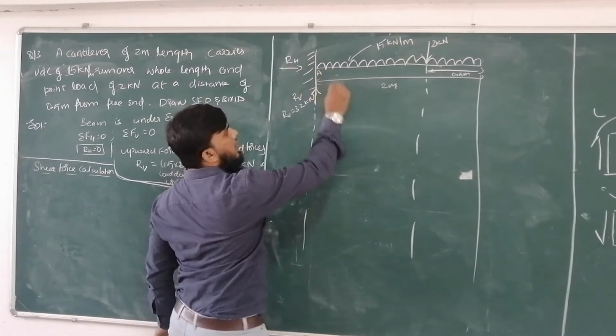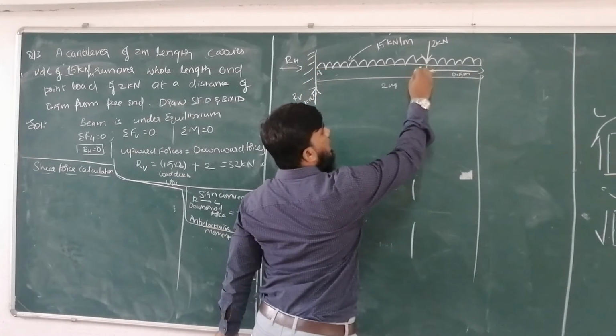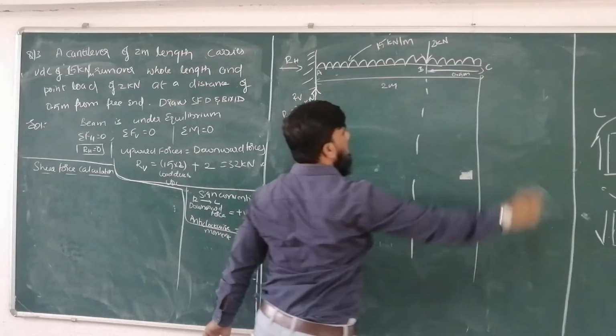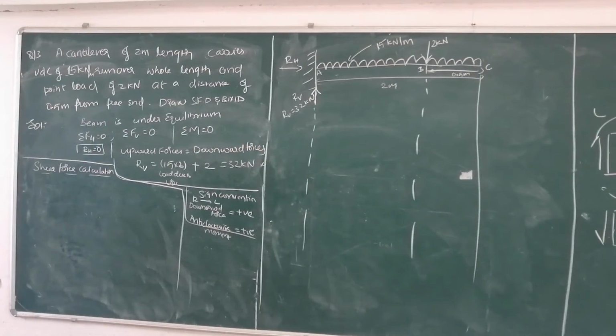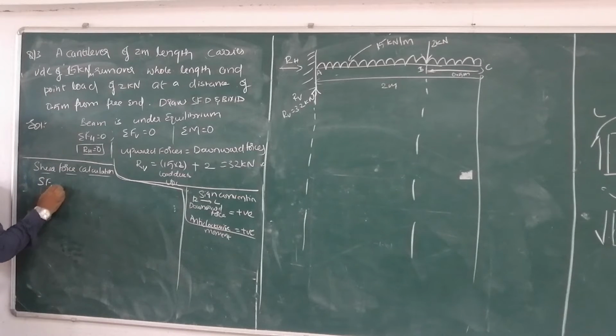This is point A, the point where the point load acts is B, and this point is C. The extreme point to your right is point C. So we take the shear force just before C. There is no load acting to the right side of point C, so the shear force will be equal to 0.